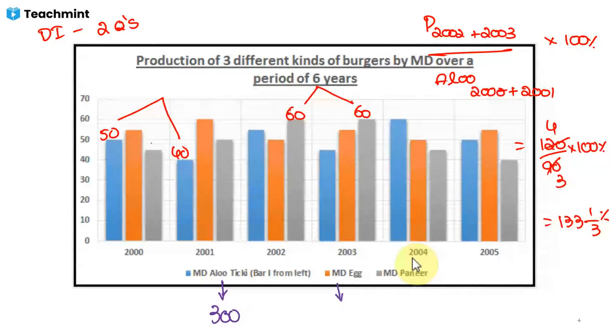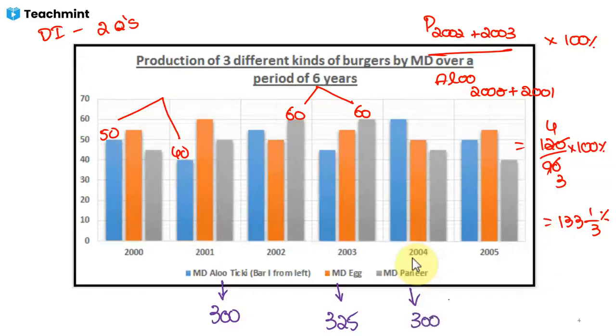Egg, if you see, 55 and 60, 115, 165, 160, 155, 220, 270, 270 and 55, it's 325. And paneer is this last one: 45 and 50, 95, 95 and 60, 155, 155 and 60 is 215, 215 and 45 is 260, and 40 is 300.